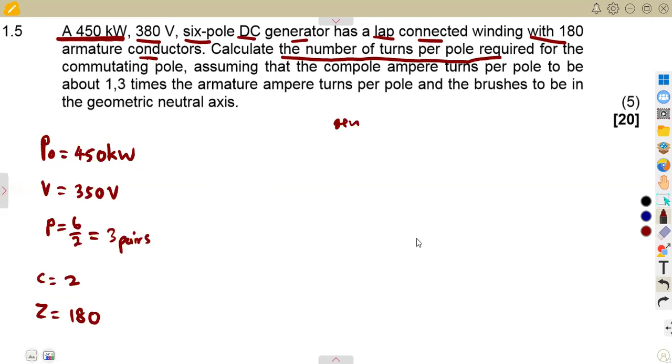So there the question is to calculate the number of turns per pole, on which condition for the commutating pole, assuming that the compole ampere turns per pole are 1.3 times armature amperes.